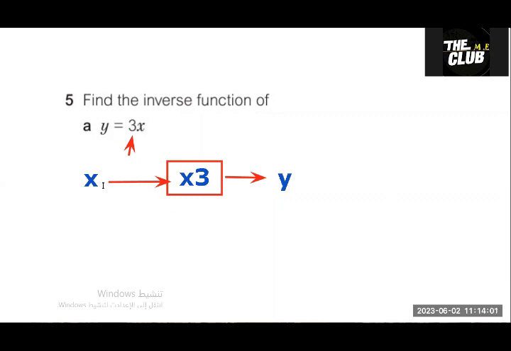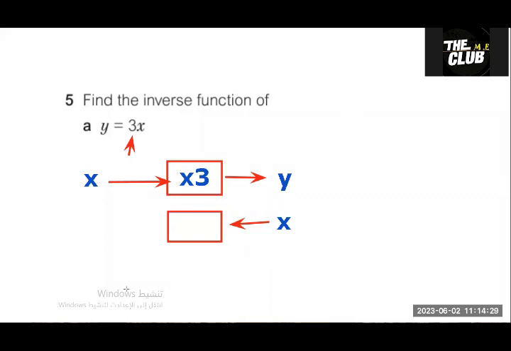Now, I want to find the inverse function of this function. Finding the inverse function means I start again from the same spot I ended with, and I write x, and then I go to the opposite side. So I'm going to go this way, and then do the opposite of what's on top of this box. And because I have multiply 3 here, I'm going to put divide 3 here.